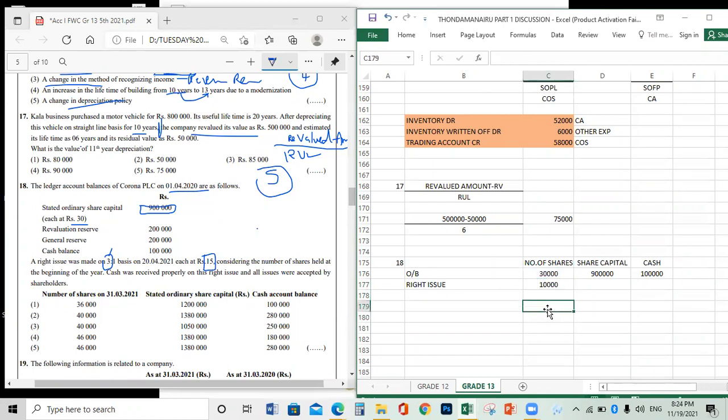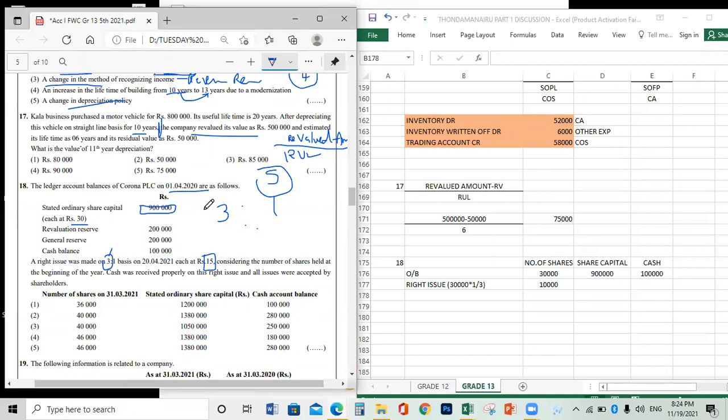I'll show how I got that. You already have 30,000 shares. For every 3 shares you have, you will get 1 share. So 1/3. Remember, in a ratio, in a right issue or bonus issue, always the bigger one will be the number of shares you have. The smaller one will be the right issue you get, the bonus issue you get.